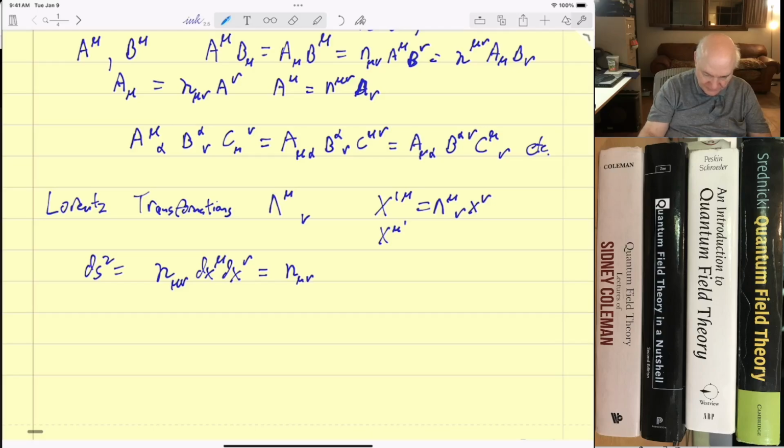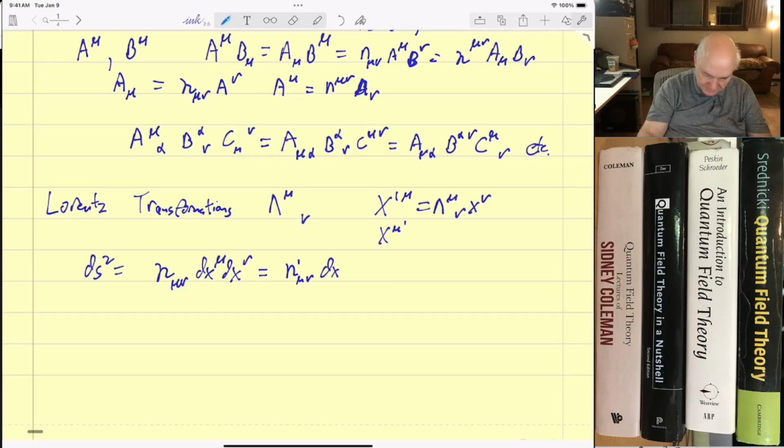The metric won't transform. I could put η prime, but it's always going to be the same. That's like the identity matrix being the same in all coordinate systems. As long as we're working in Lorentz transformations and Minkowski coordinates, the metric tensor won't change.